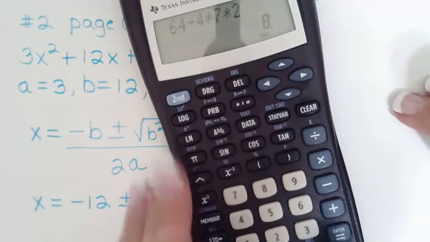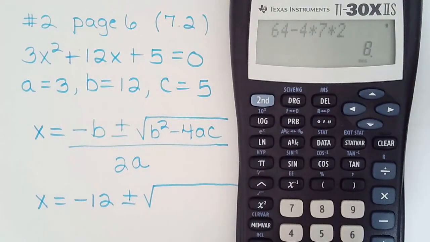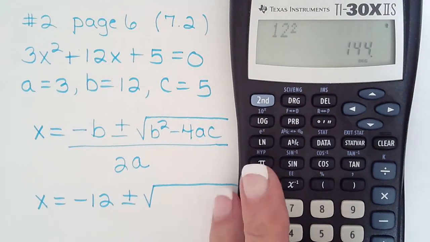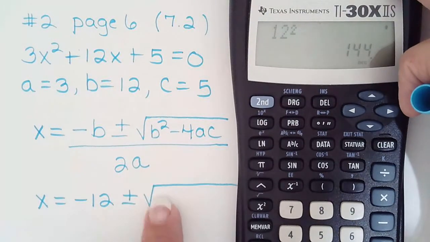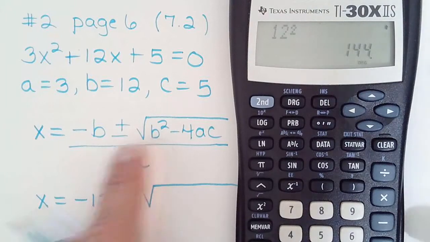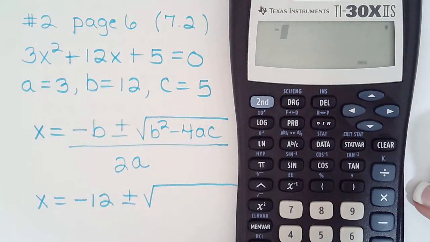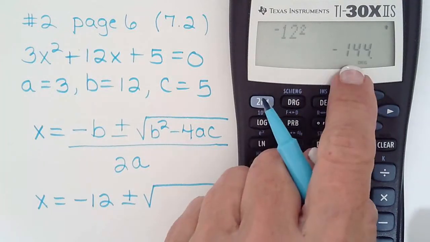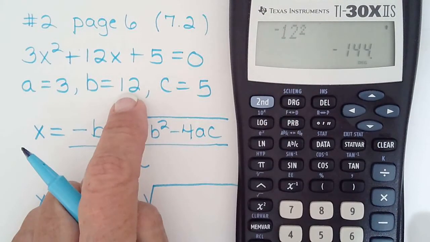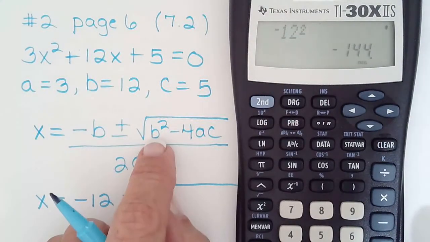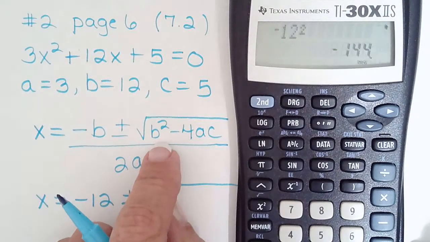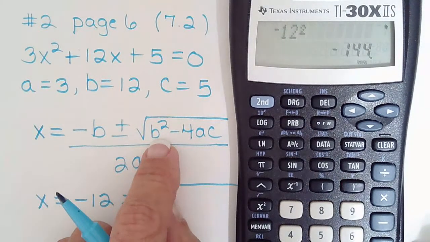So if you don't know what 12 squared is, I'm sure most of you do, but if you don't, just hit 12 squared because you always want that one in. And by the way, if that had been negative 12, don't type it in like this because that's not negative 12 times negative 12. If it's negative, it needs to be in parentheses. So the moral of the story is this b squared, it will never be negative.